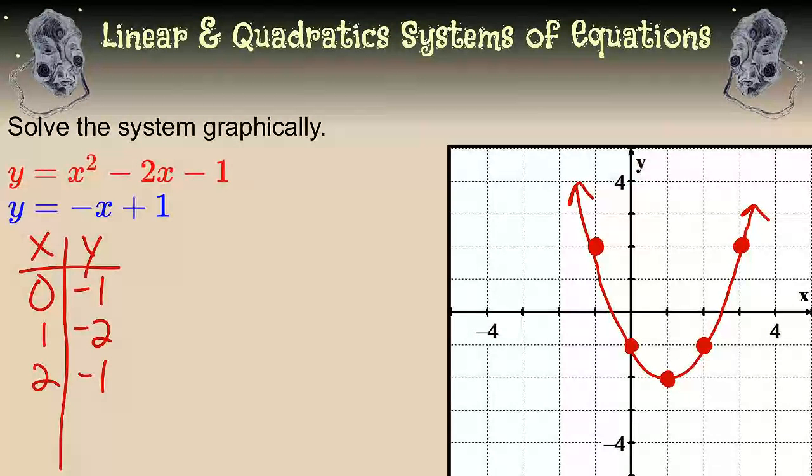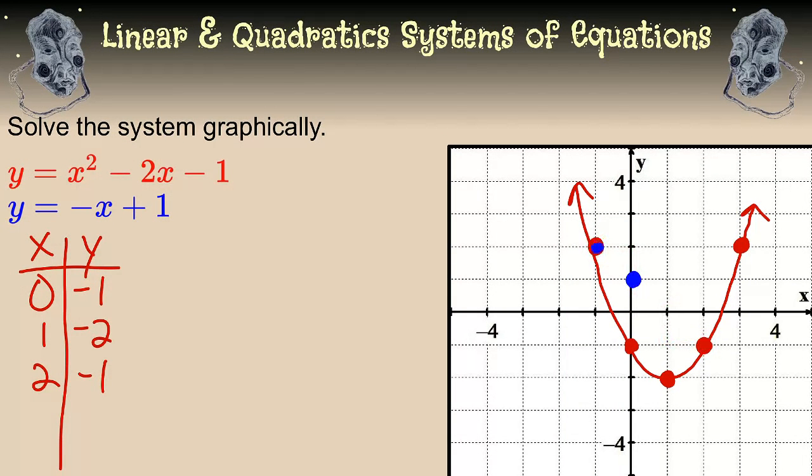All right, now we're going to graph the line. My b value here of positive 1 tells me that I have a y-intercept at 0, 1, right there. And my slope is negative 1, which means I go down 1 to the right 1, down 1 to the right 1, or up 1 to the left 1.